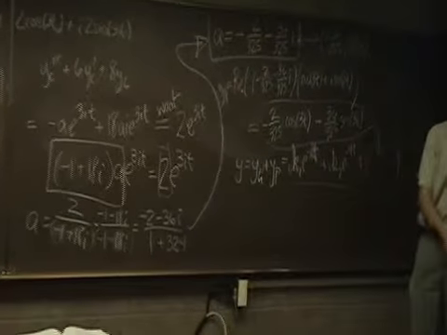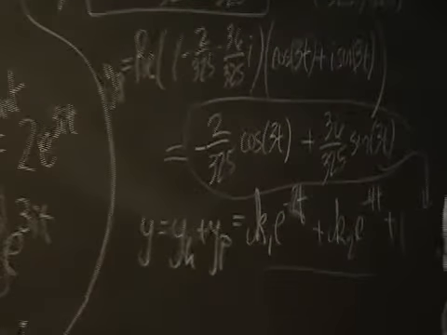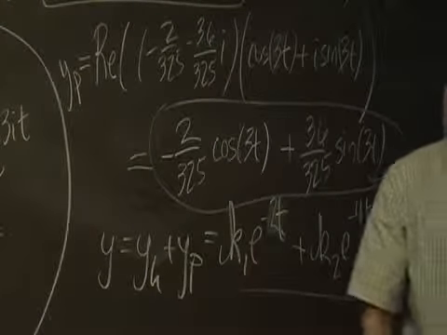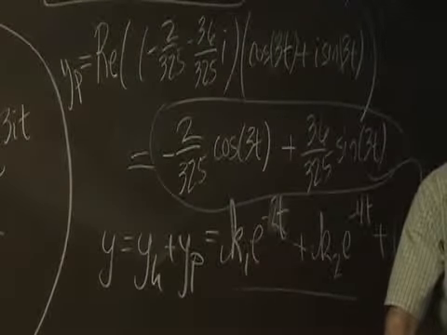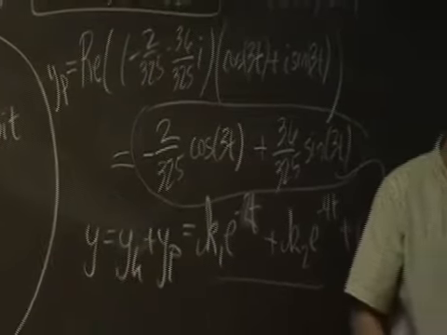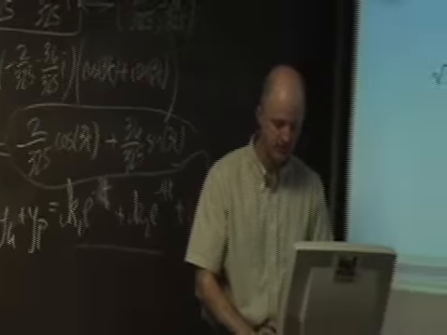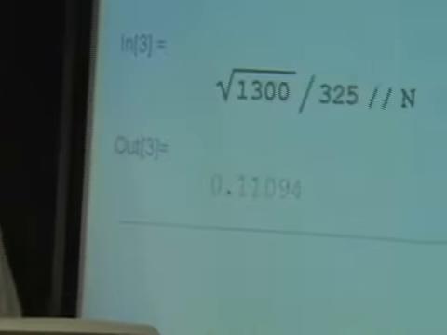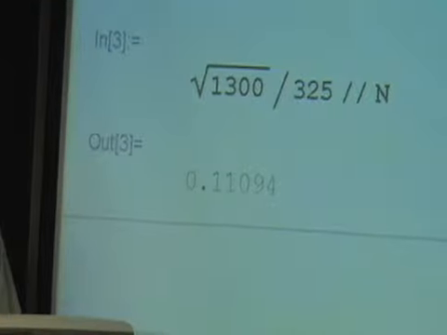Let's see if we can use Mathematica to believe this. First of all, let me just quickly double check my calculations. Square root of 1300 divided by 325, and a numerical approximation for that is 0.11094.